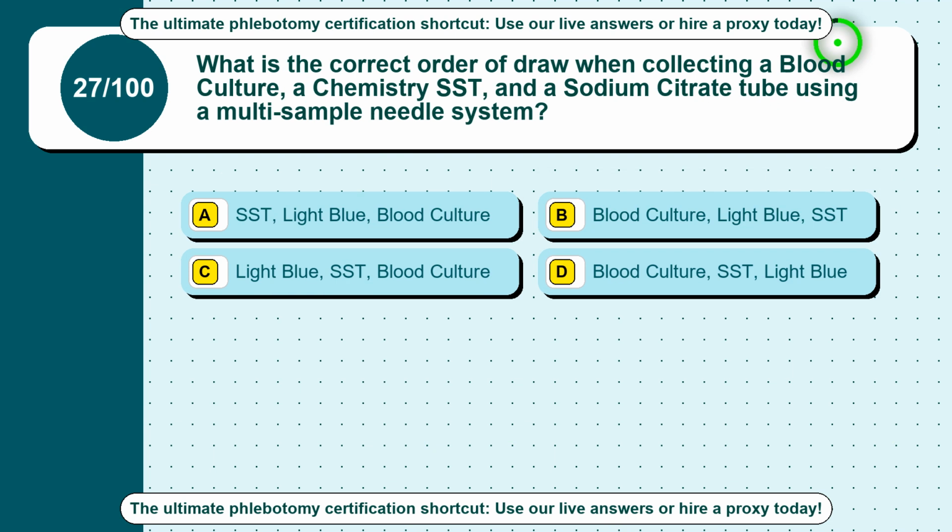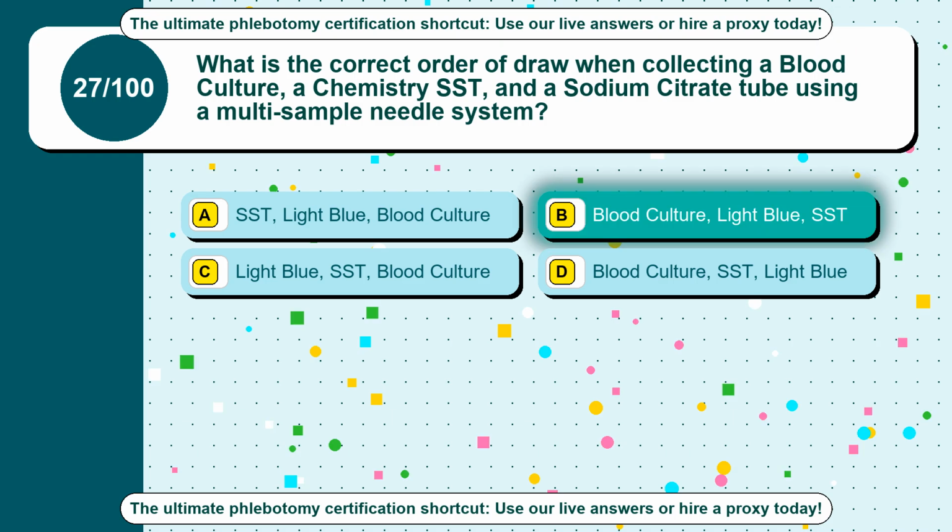Question 27. What is the correct order of draw when collecting a blood culture, a chemistry SST, and a sodium citrate tube using a multisample needle system? Option A, SST, light blue, blood culture. Option B, blood culture, light blue, SST. Option C, light blue, SST, blood culture. Option D, blood culture, SST, light blue.